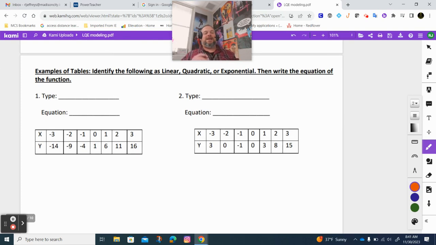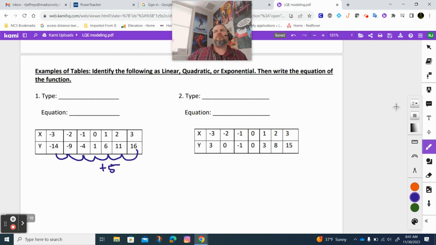Okay, now charts. So on the charts, let's look at our y values. This goes from -14, -9, -4. Okay, it looks like we're adding 5 each time.